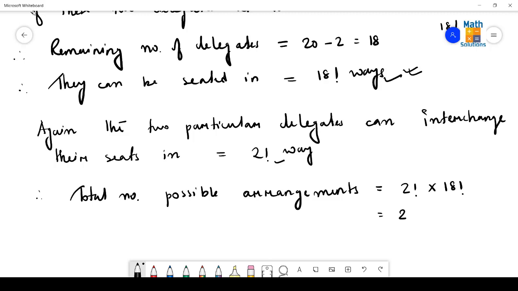So ultimately it is 2 into 18 factorial. So this is the answer for the third part of this question. So this is how this type of questions can be solved.